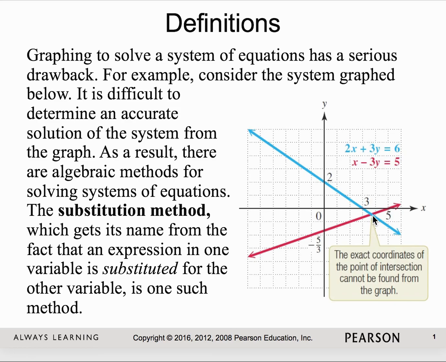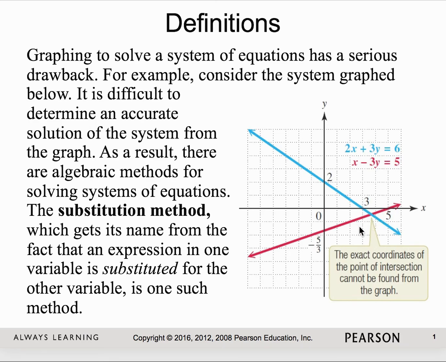Ugh. What is that? Is it 3.5, negative 1/2? Is it 3.6, negative 0.55? You know, I really can't tell. If they don't intersect at a grid mark, I don't have any way to tell what that answer is.